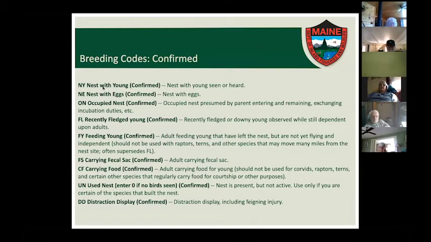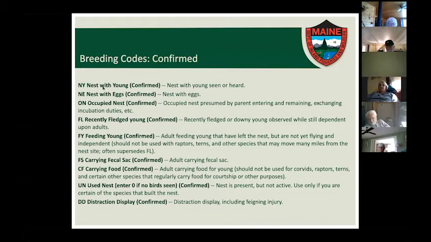Now it's interesting, we can see how as we go down this list, the confidence level goes down a little bit. So recently fledged young, that's implying that you now have young birds, you know that they were born somewhere nearby, but you're not at the nest anymore. So that confidence level essentially goes down, but it's still a confirmed code.